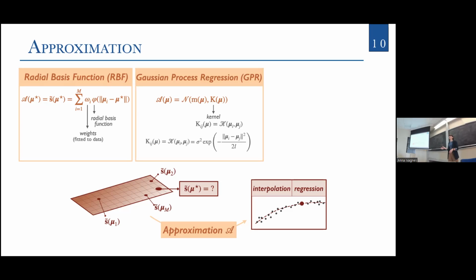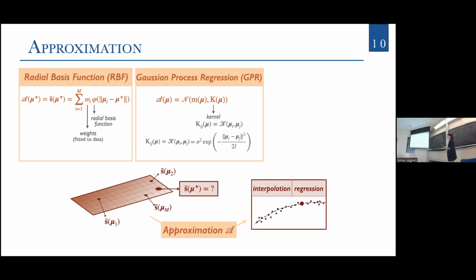Okay, second approach is a regression approach, so the Gaussian process regression. It introduces a little bit of UQ, because it's a probabilistic framework. So here you have this normal distribution with a specific mean and covariance matrix. And also here you are free to choose the kernel for the covariance matrix that you like.